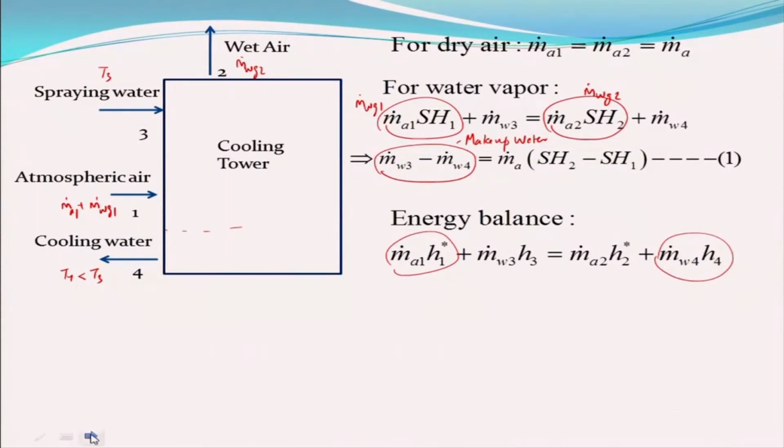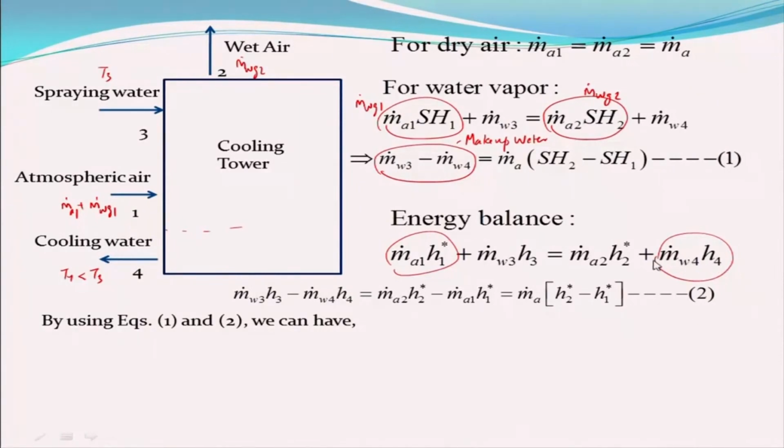If you do that, then you will get, basically, I can take this out: m_w3 h3, that is this term, minus m_w4 h4 is equal to m_a2 h2 minus m_a1 h1, and of course m_a2 is equal to m_a1 is equal to m_a.